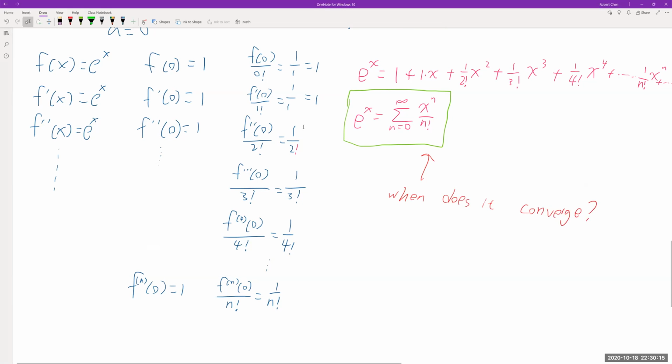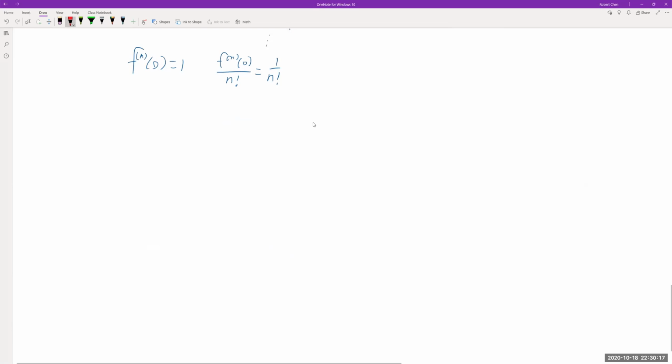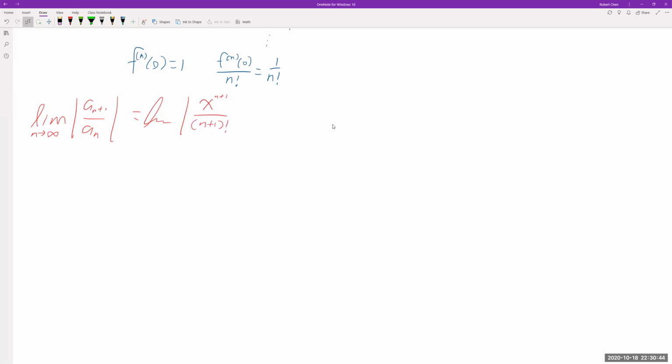Let's do a quick test to find the radius of convergence, using the ratio test: a sub n plus 1 over a sub n. That's x to the n plus 1 over n plus 1 factorial, times the reciprocal of a sub n, which is n factorial over x to the n.